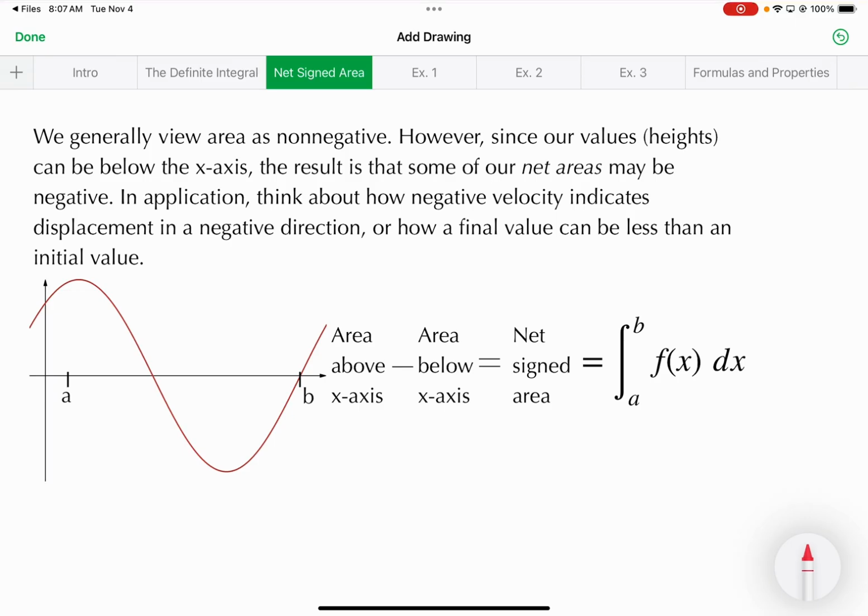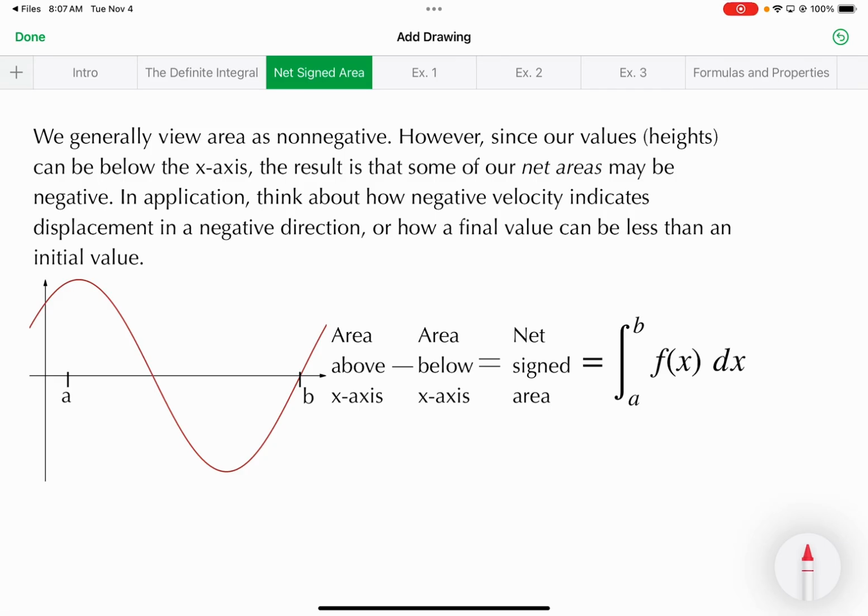And how we can think about this in application is like when we talked about position, velocity, acceleration. Anytime we went from position to acceleration, we took the derivative of position to get velocity, and the derivative of velocity to get acceleration. So if I want to work back up the ladder, I would have to integrate in order to get from acceleration to velocity and then from velocity to position. And that's coming in the second part of chapter 5. However, we viewed negative velocity as negative movement, so movement in a negative direction.